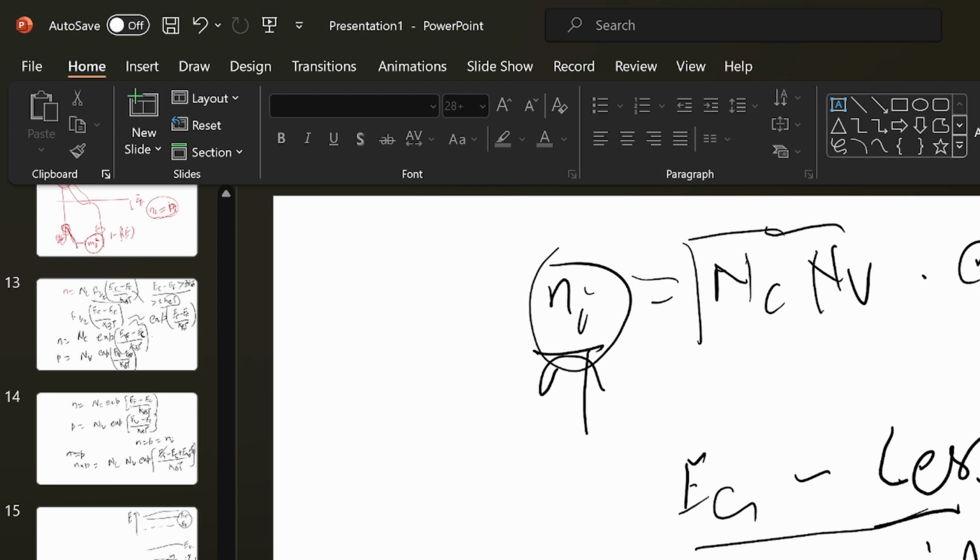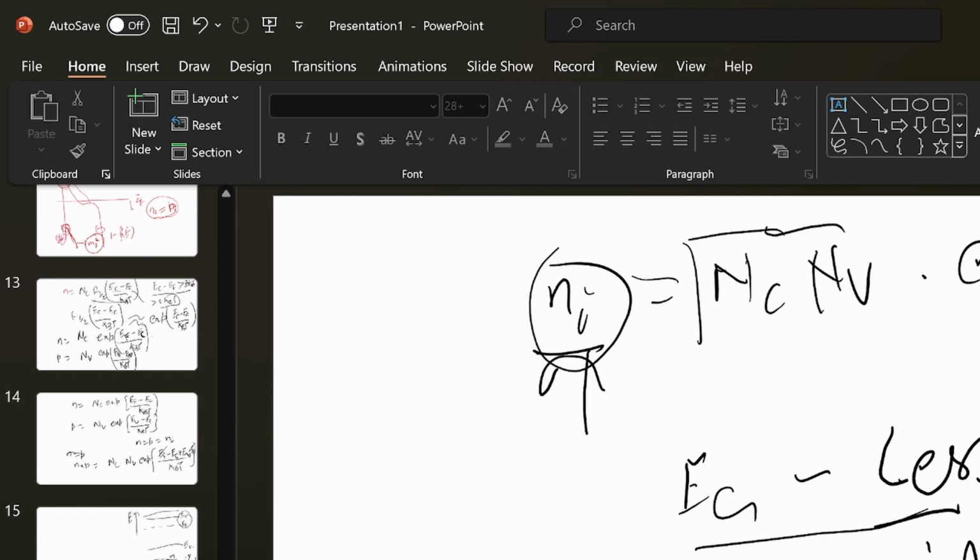In electronics, the heating of the devices is the main issue. If the device heats up, the current is not the same as it was at room temperature. So there will be a leakage current, and the leakage current will be because of these ni. So that will be more.